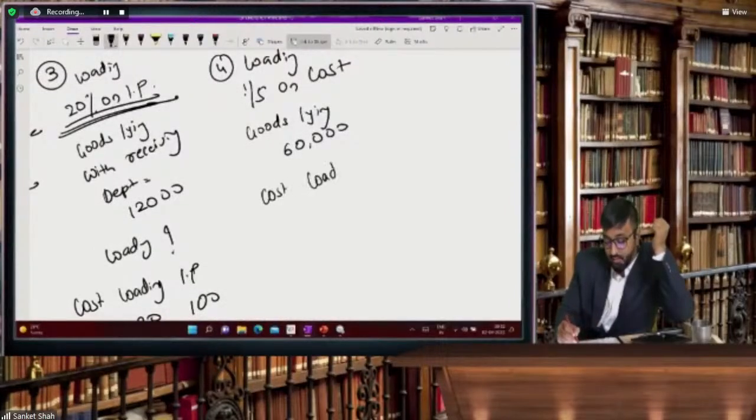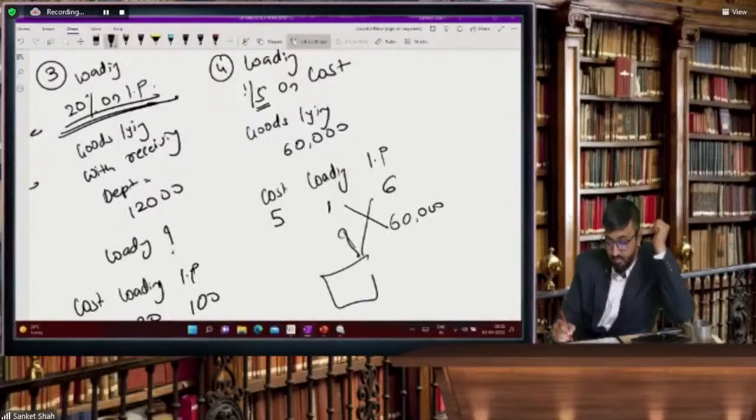Cost, loading, invoice price. 1/5 on cost means beta 5 is cost, 1 is loading and 6 is invoice price. So 60,000 kitna? 10,000.